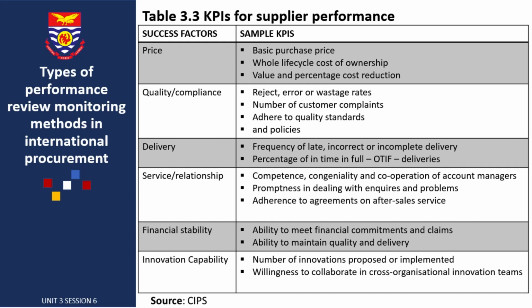All of these are sample KPIs we use to measure the success factors. For financial stability, we look at the ability to meet financial commitments and claims, and the ability to maintain quality and deliverables. All of these fall under key performance indicators.